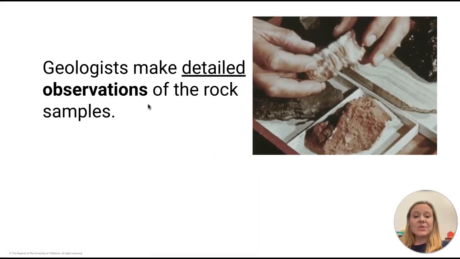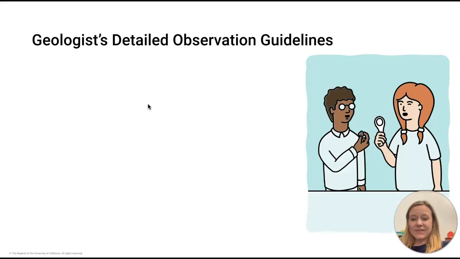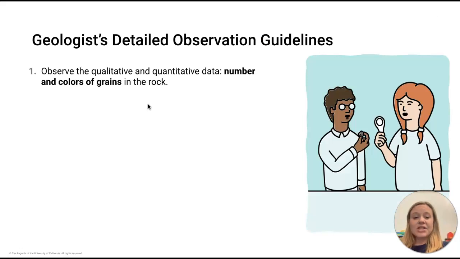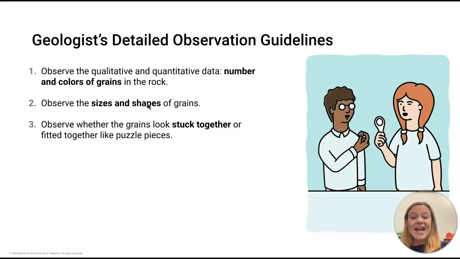And we are going to make observations of these samples using this very specific guideline. The first thing we're going to do is make qualitative and quantitative observations, looking at numbers and colors of grains in the rocks. We're going to make observations about the size and the shapes of the grains themselves. When we look really close at those little pieces, those grains, we're going to see if they're stuck together or if they're fitted together like puzzle pieces.